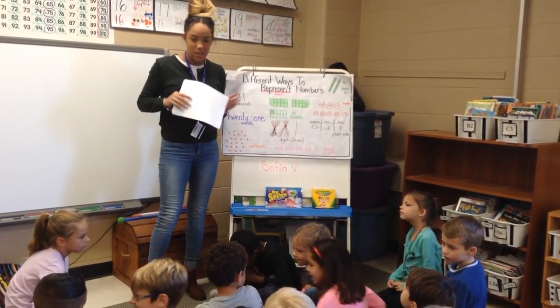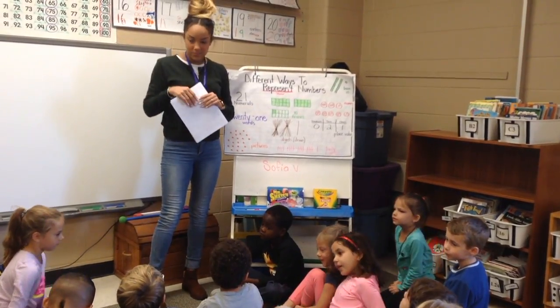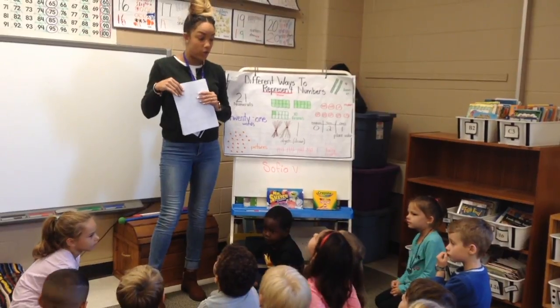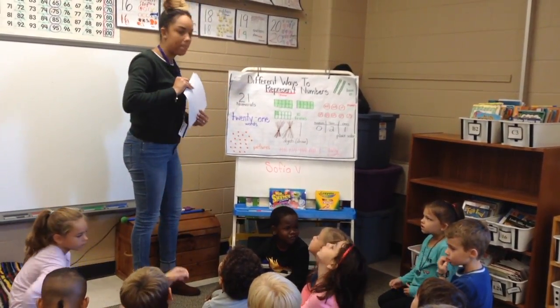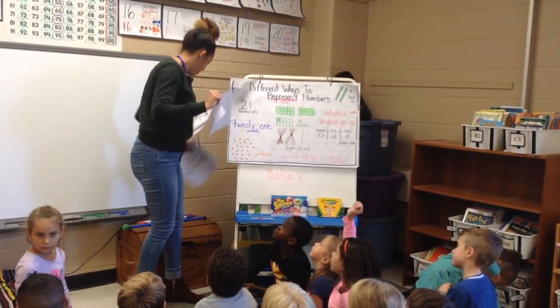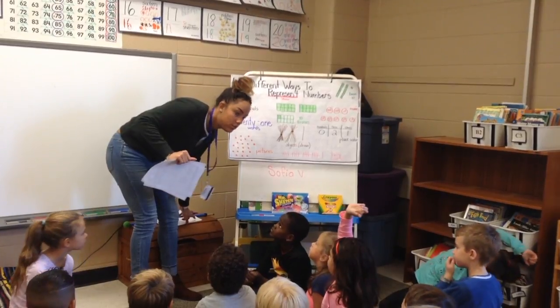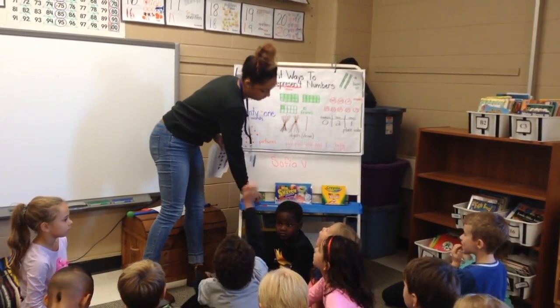So today we're going to sit in our desks, in our colored groups, and we're going to work on our patterning. For the first one, we're going to start with your table groups: the blue table, the red table, the white table, and the green table.